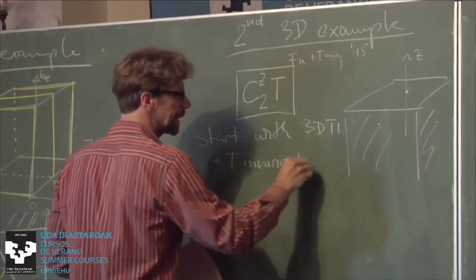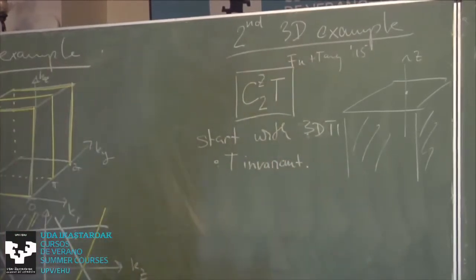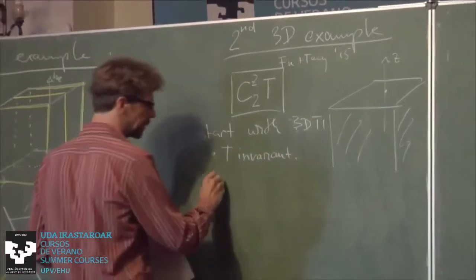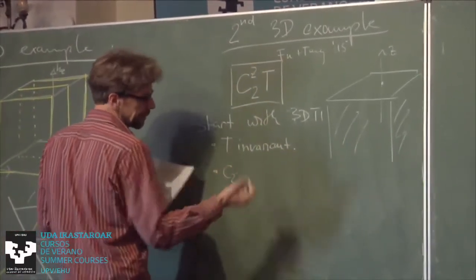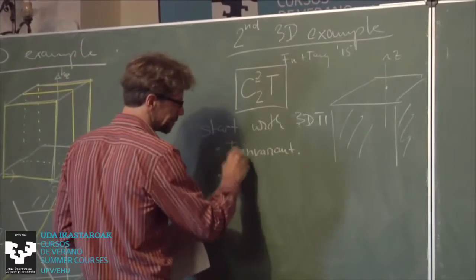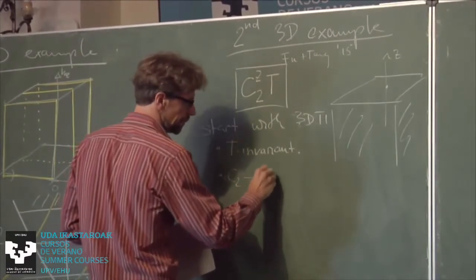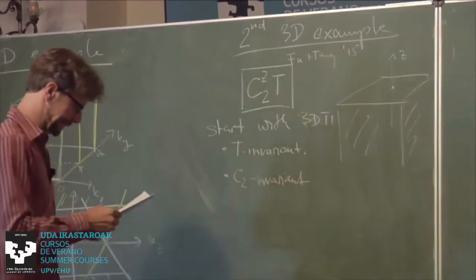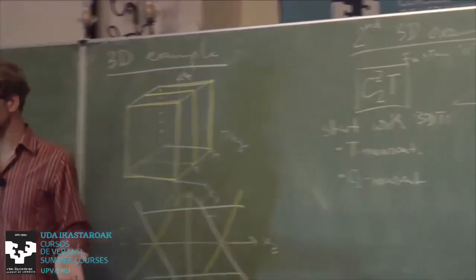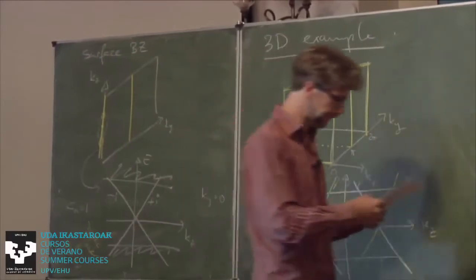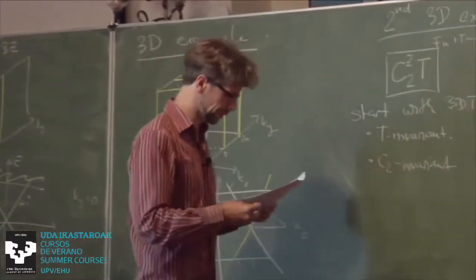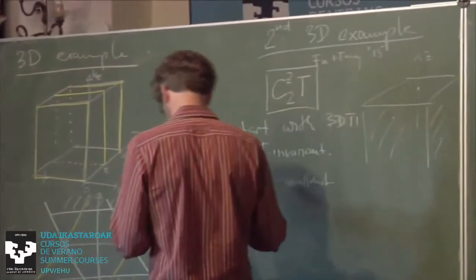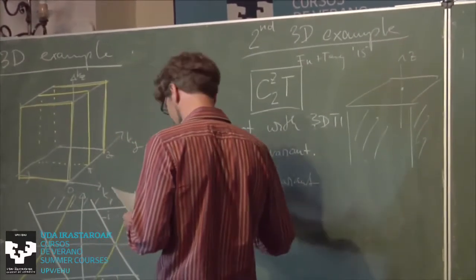That's the only thing that I need to define a 3D TI, but it happens to also be C2 invariant for me. I can make a C2 invariant TI. Then you know that there is a single Dirac cone on the surface. We heard about that yesterday. It is probably still very mysterious to those who haven't heard why that is there, but it will remain mysterious.